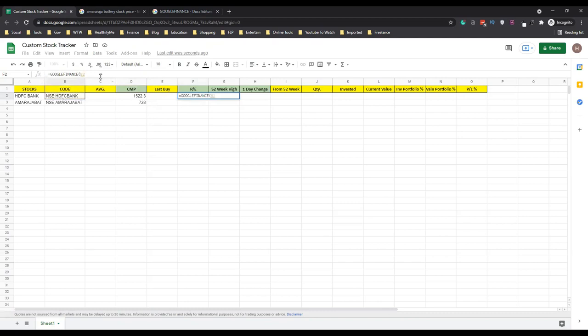For every formula, you will have to use the code. Okay, so we got the P/E ratio for HDFC Bank. We will drag this and get the P/E ratio for Amara Raja Battery as well.